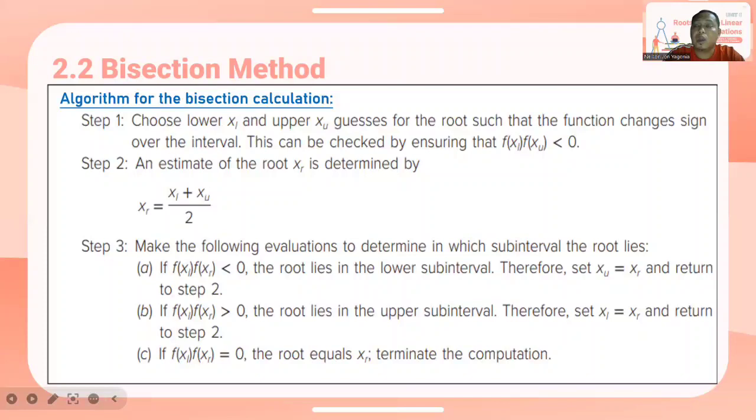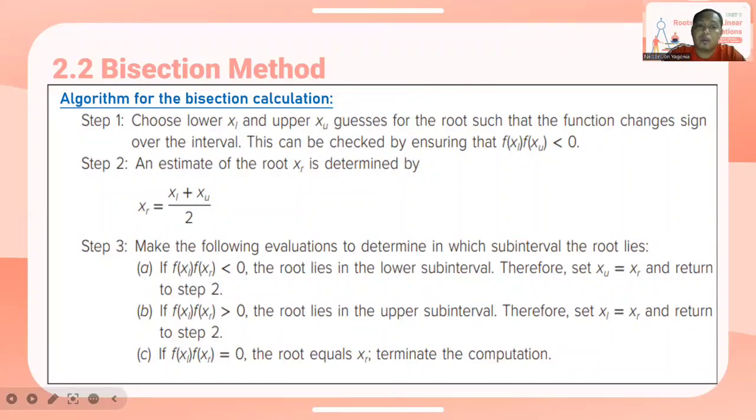By the name itself, bisection or halving, we shall divide by 2 the sum of the lower value of x and the upper value of x.